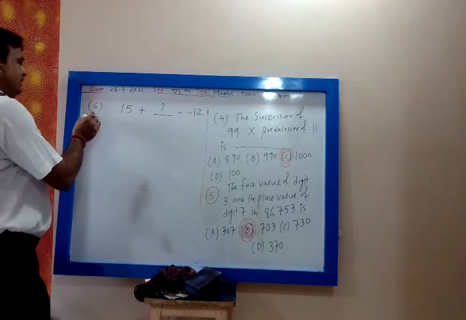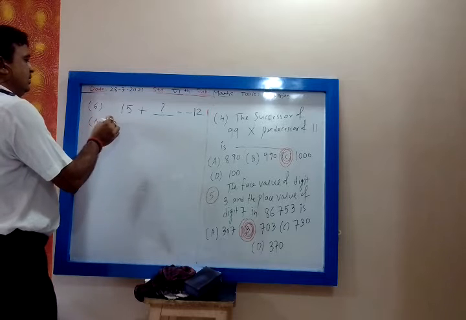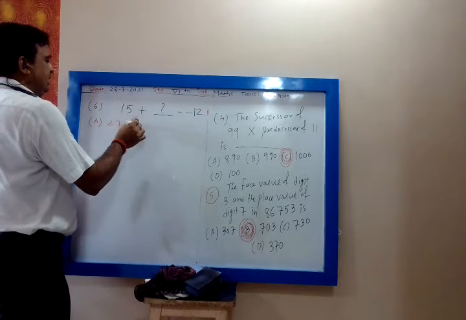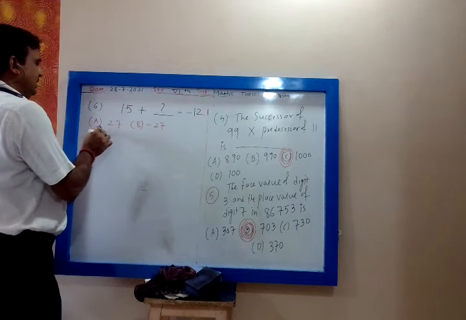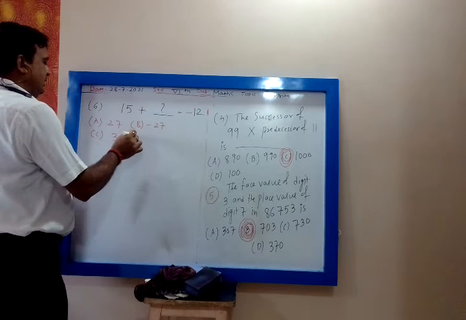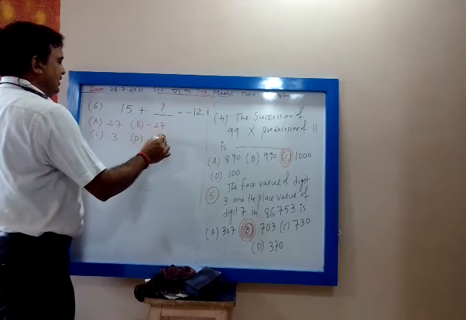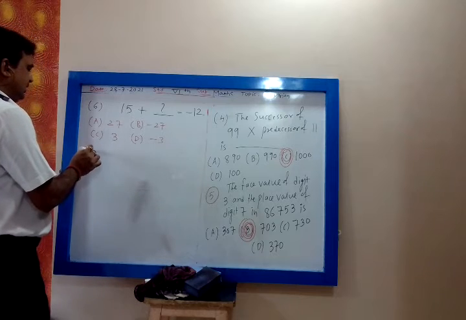The answers are: option A 27, B minus 27, C 3, D minus 3. Give the answer.